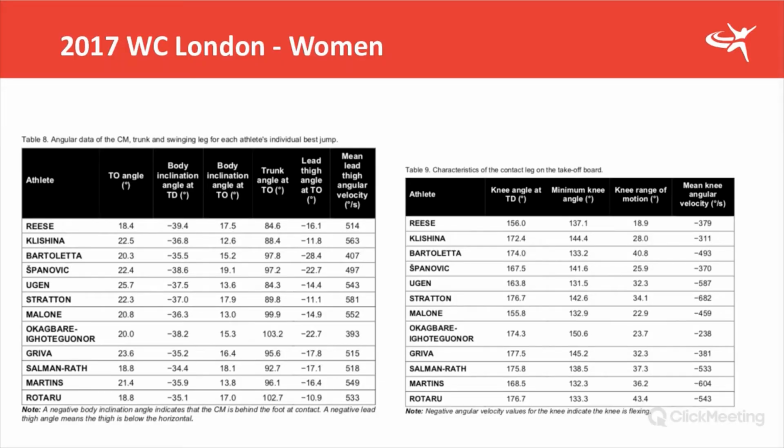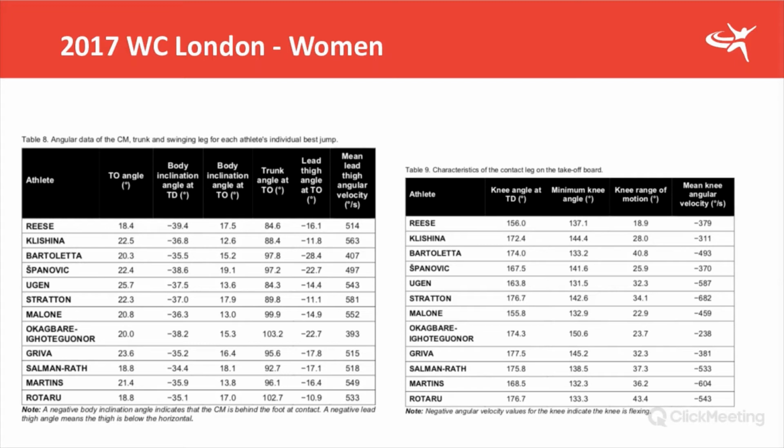So if we look at some of these figures on the table, the note at the bottom says a negative body inclination angle indicates that the center of mass is behind the foot of contact. So we can see that second column there, minus 39 degrees, minus 38, 35. The center of mass is always behind that takeoff foot.